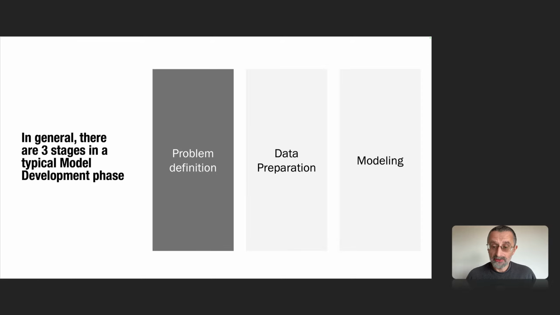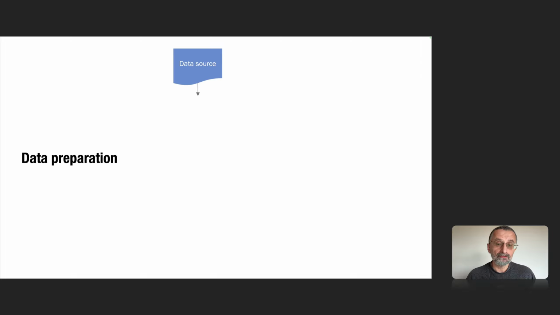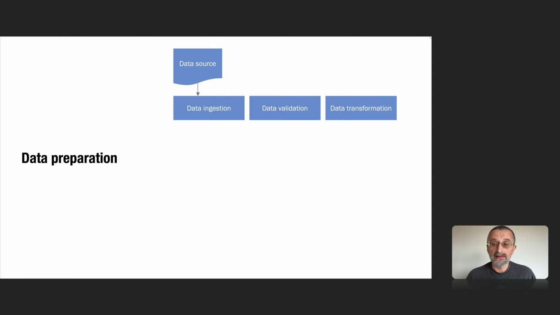So now let's come to the next stage, data prep stage. We already mentioned we have some data source. Next, we have the data ingestion, data validation, and data transformation stages. For the data ingestion stage, you have data extraction, data analysis, and data cleansing.